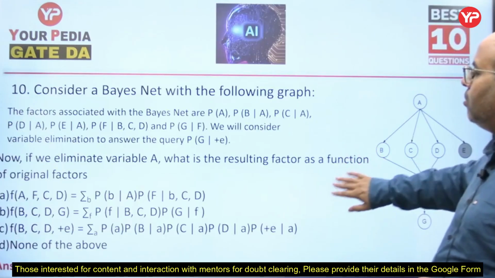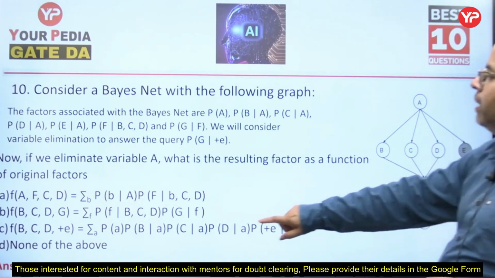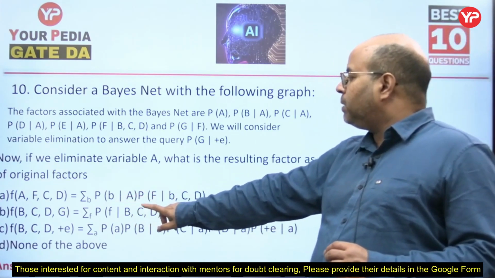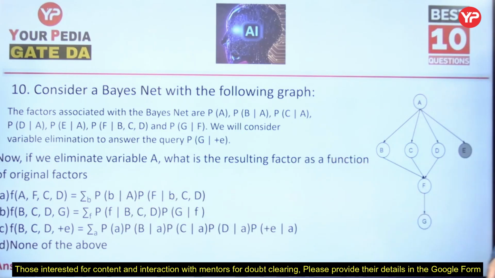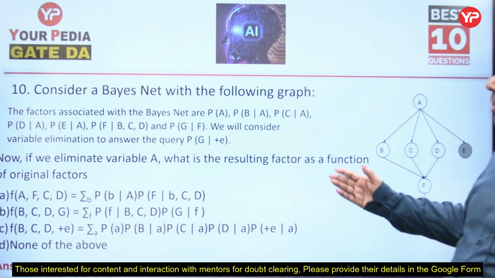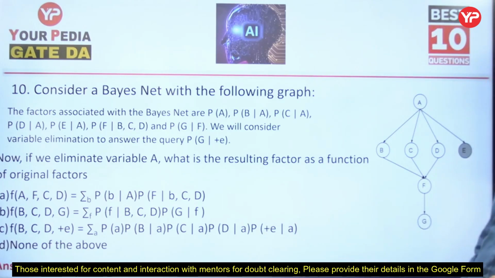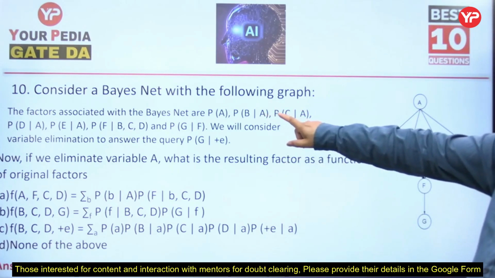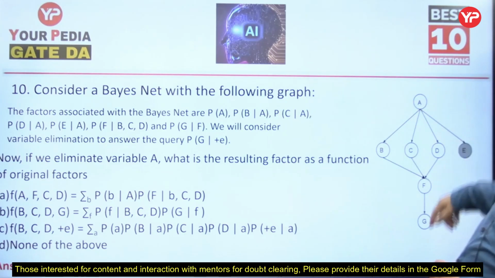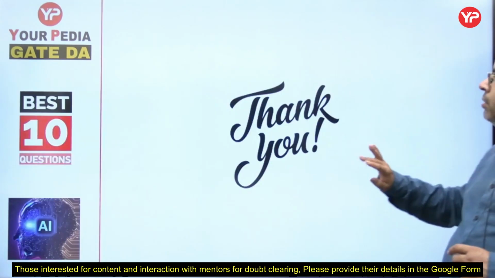So the answer is C, that is f(B,C,D,+e) equals the sum over A of P(A), P(B|A), P(C|A), P(D|A), P(+e|A), because we have already done that, this is how it is dependent. Thank you.